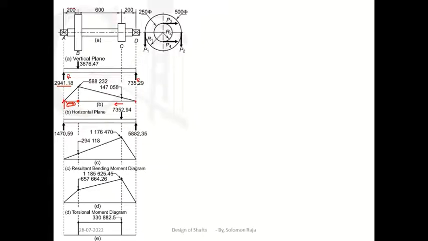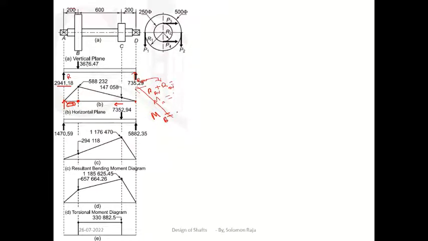What is the distance between point A and point B? Distance is 200, so 2941 into 200. Now I have to find the moment about point B. Moment about point B means I have one force, that is RAV.